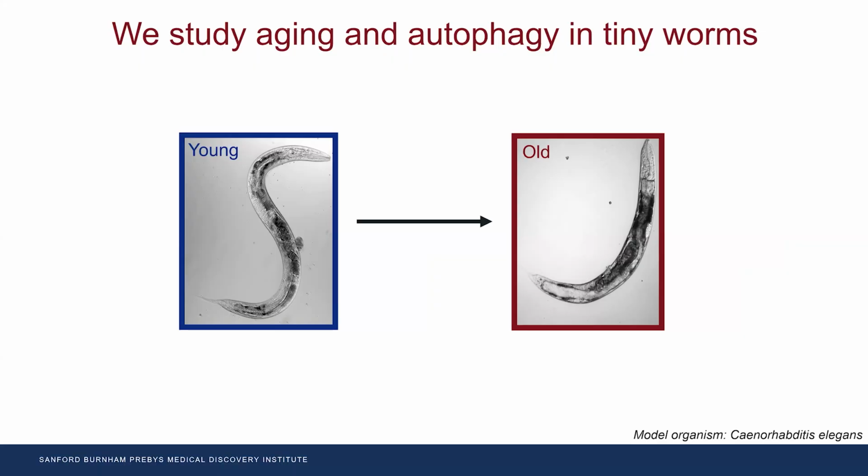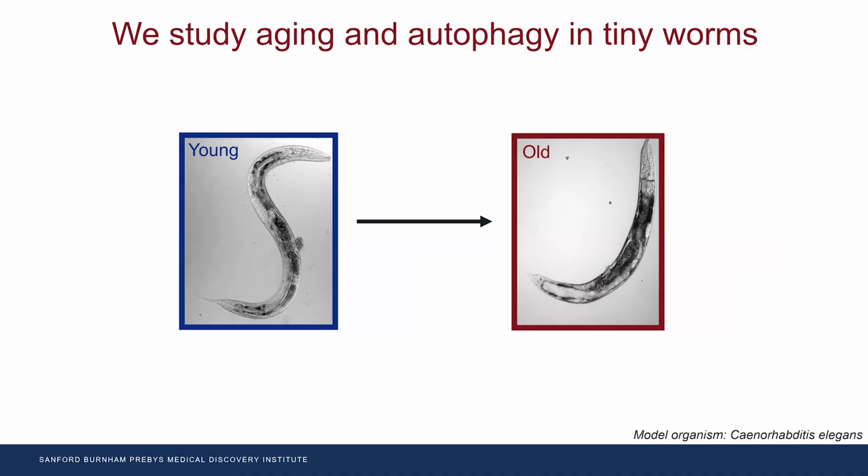In my lab, we study aging and the cellular recycling process autophagy in tiny roundworms called C. elegans. They're really tiny, just a millimeter big, which is just like a comma on a page. And they're a great model organism to study aging because you can actually really see the aging process here.